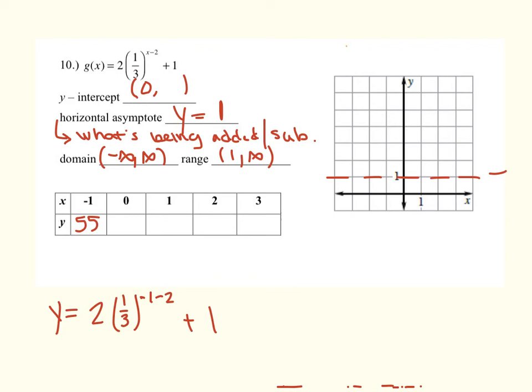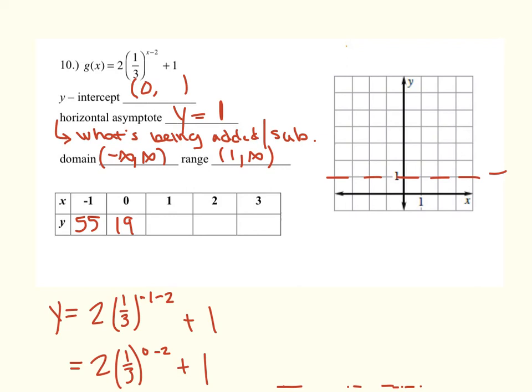So if you guys plug in 0, so 2 times 1/3 to the 0 minus 2 plus 1. So you get 1/3 to the negative second power times 2 plus 1, and I get 19. Again, you can't graph it.